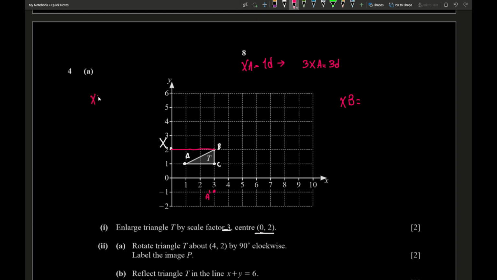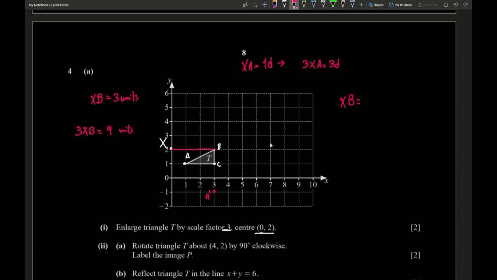So XB, or you can call it BX, it doesn't matter, is equal to 3 units. And since we enlarge by scale factor 3, we multiply by 3. So 3XB is equal to 9 units.